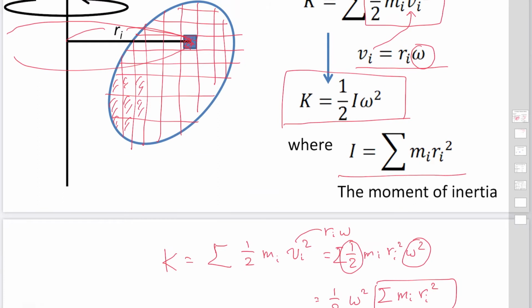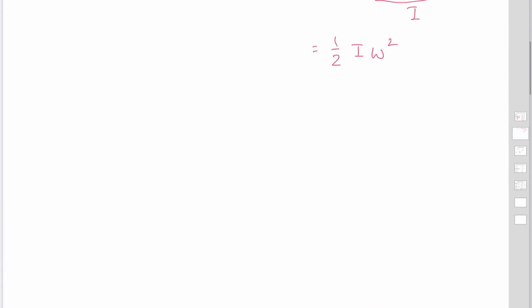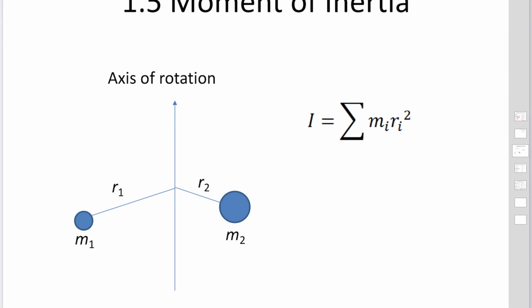The moment of inertia has the same role as mass. When we consider the rotational motion of an object, instead of mass, we use the moment of inertia. The moment of inertia is expressed using this expression.